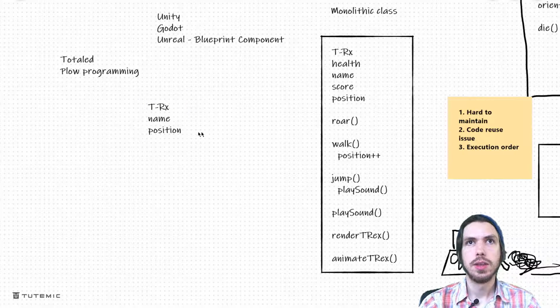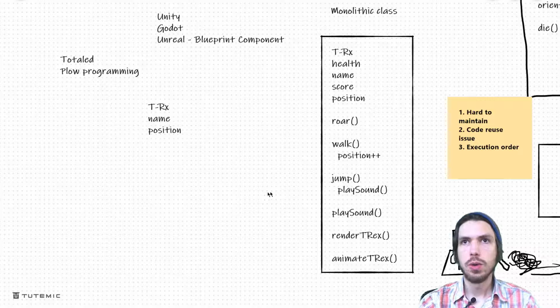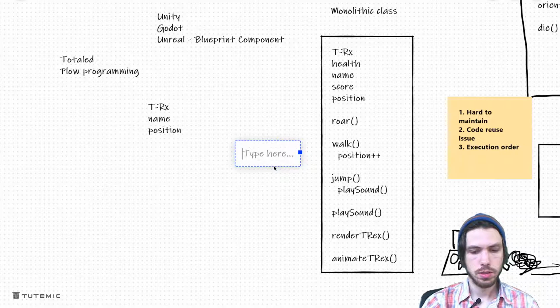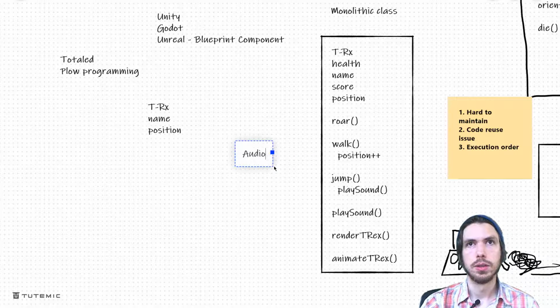But these other things, where they don't really depend on each other at all, like audio, right? So we have a component, and it's going to be called our audio component or something like that. Let's just call it audio.